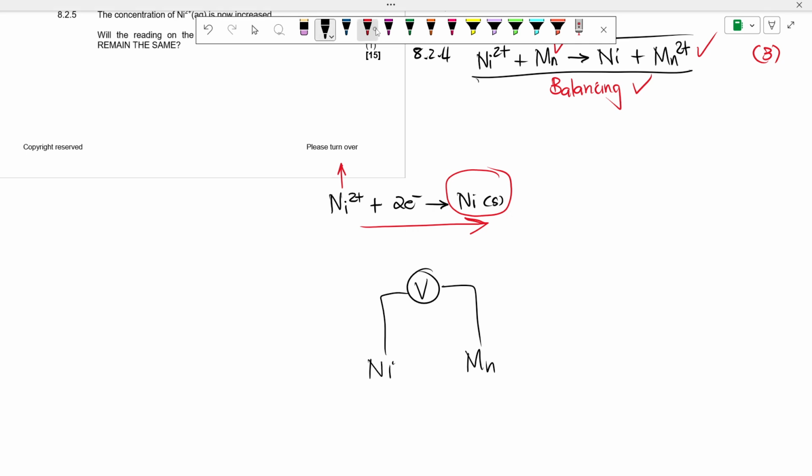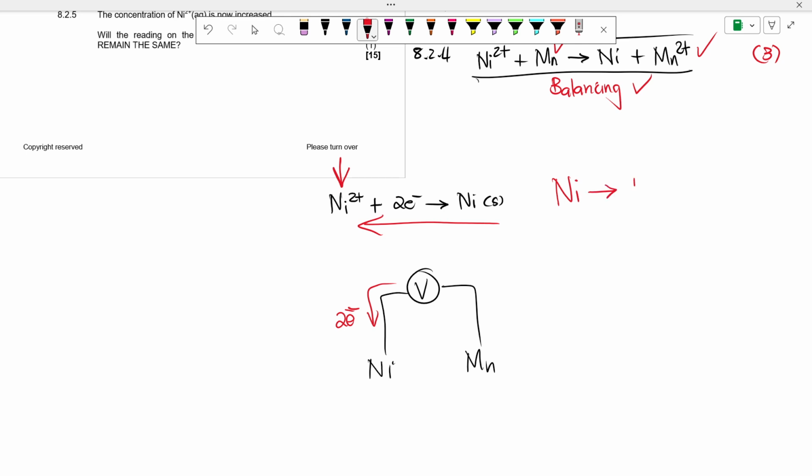So here's the thing. Nickel is receiving electrons, right? Plus 2 electrons. So if I'm favoring the forward, it means this maintains the same configuration. It's still going to proceed the way we want it to be. But let me just reason this by doing a vice versa. If I reduce the concentration of nickel, then the reaction has to favor the reverse, which means the half reaction will be like this.